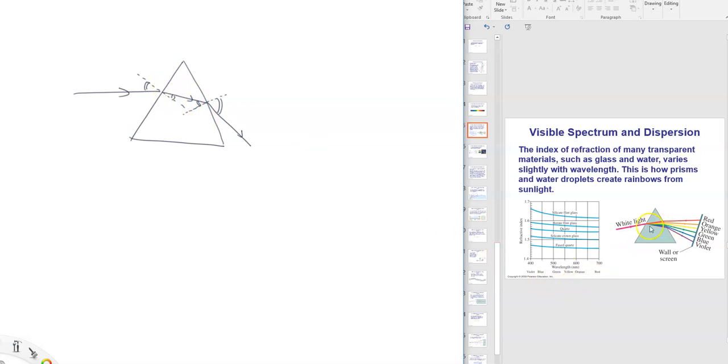So over here you see that it bends first into red, orange, yellow and all that, and then it bends again. So you can see different colors of the incoming light. Alright, so this is called dispersion of light, separation into different wavelengths.